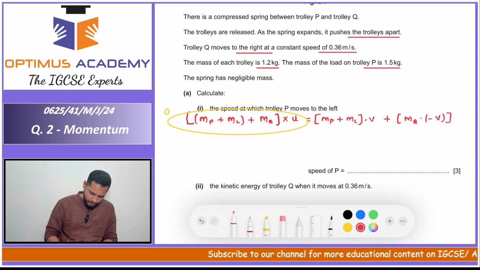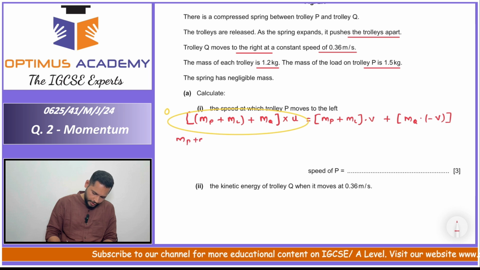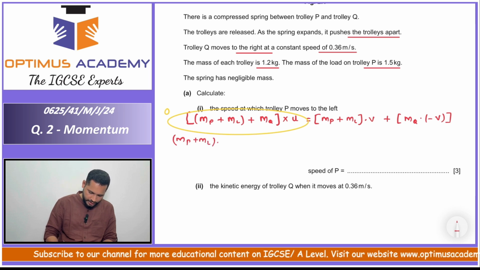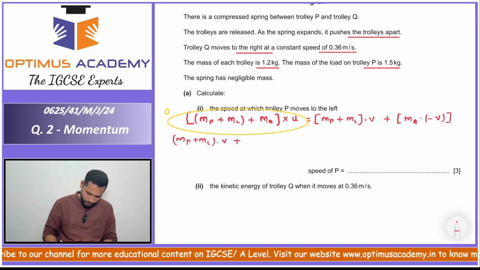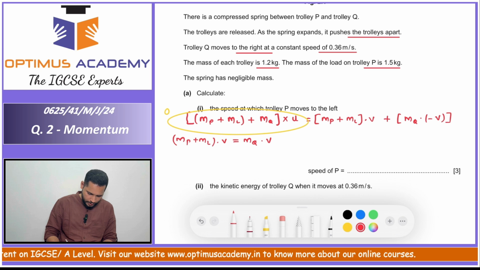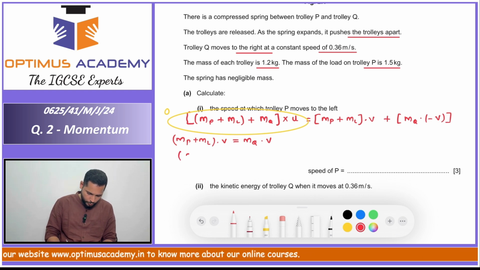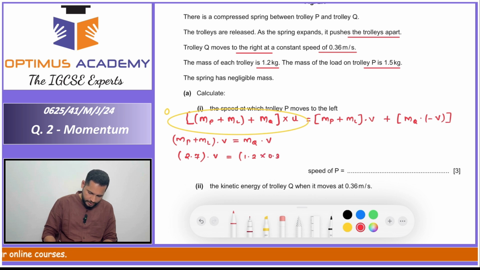And we can rearrange the formula now and write: mass of trolley P plus load on it moving with velocity v after the collision will be equal to mass of trolley Q into velocity of trolley Q. So this mass of P plus mass of load on P, total 2.7 kg, into v is equal to mass of trolley Q, 1.2, and its velocity after collision is 0.36.